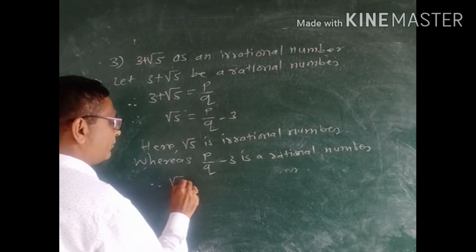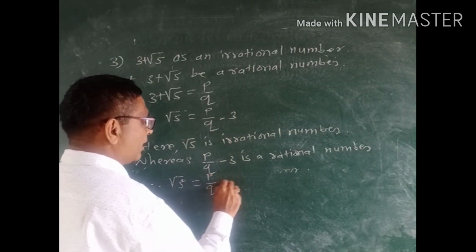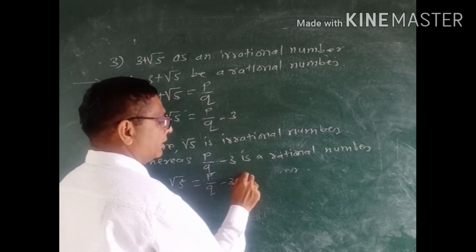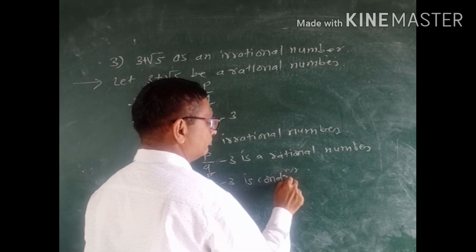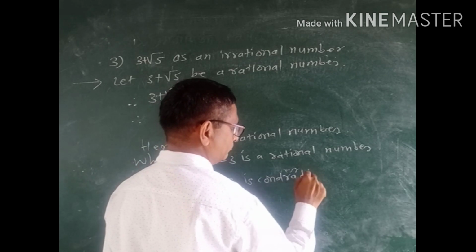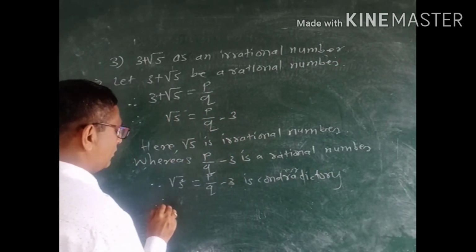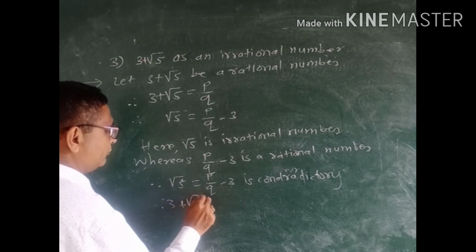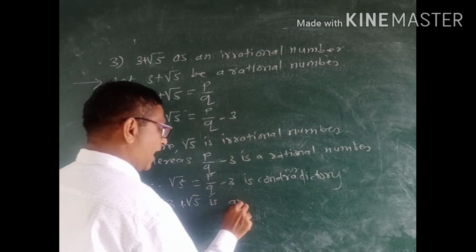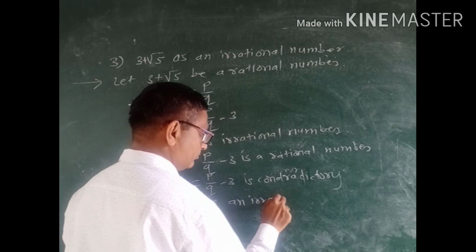Therefore, root 5 equal to p upon q minus 3 is contradictory. Therefore, 3 plus under root 5 is an irrational number.